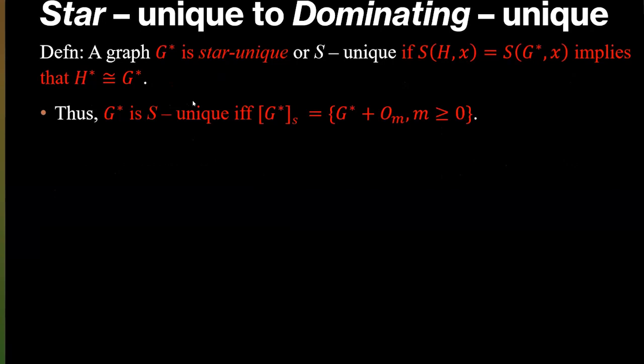So now I can define star uniqueness of a graph. I say a graph G star is star unique, or S-unique, if S_H equal to S_G star implies that the graph H star is isomorphic to G star. In other words, G star is S-unique if and only if the star equivalence class of G star is the set of the graph G star, possibly with some isolated vertices added.